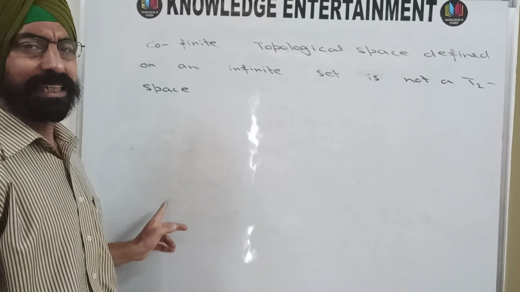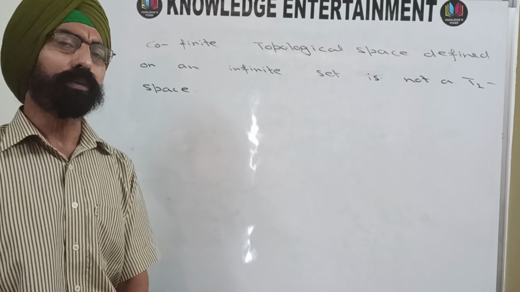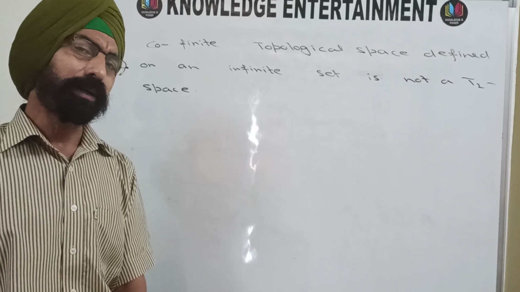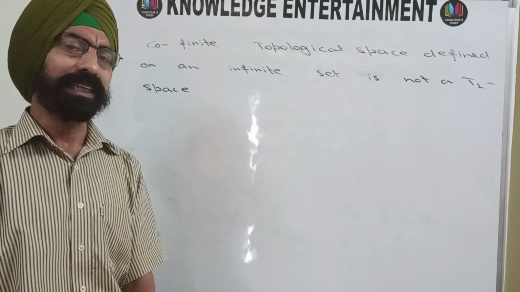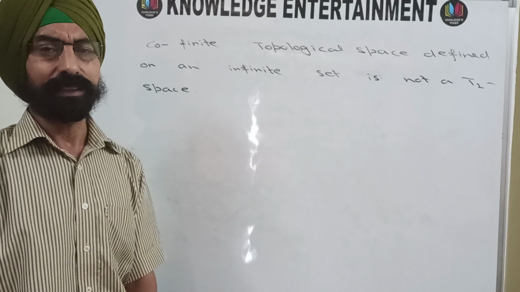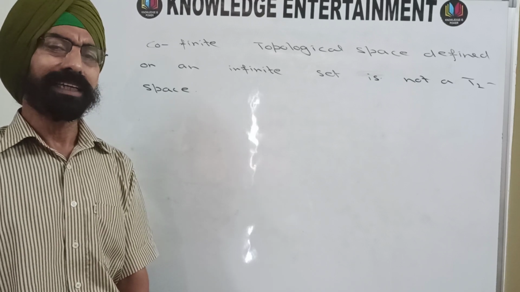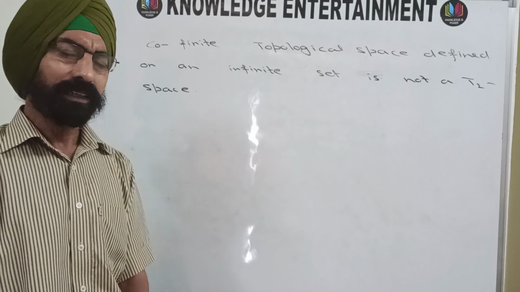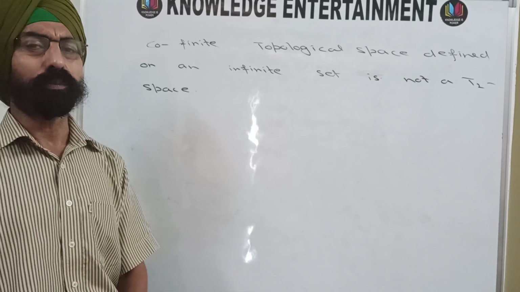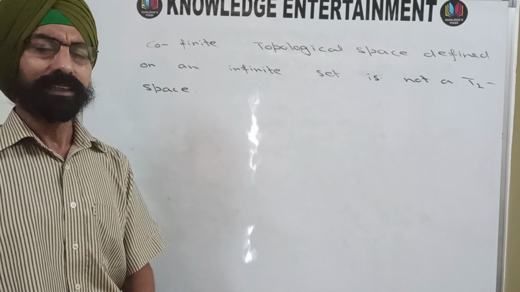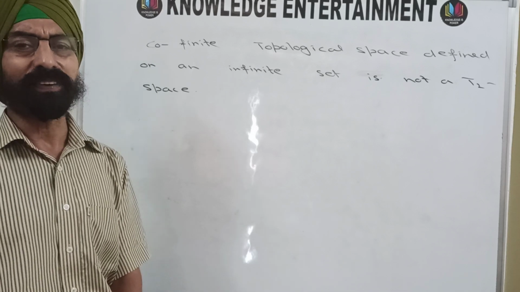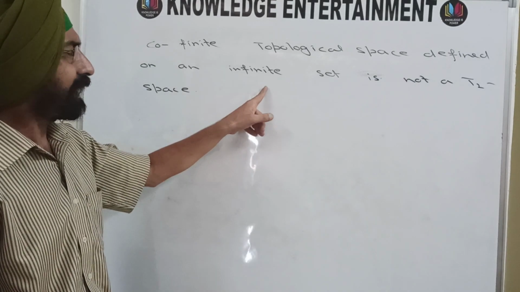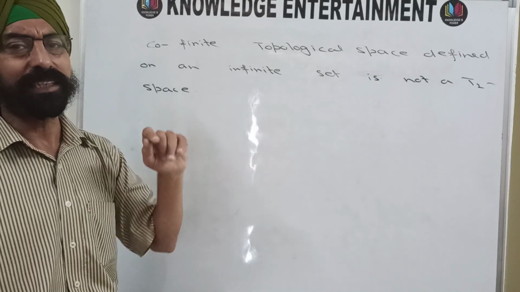and G, H are open means G complement and H complement are finite. If G complement and H complement are finite, then their union G complement union H complement must also be a finite set. But G complement union H complement will be equal to X, which will imply X is a finite set, which will again be a contradiction because X is given to be an infinite set.